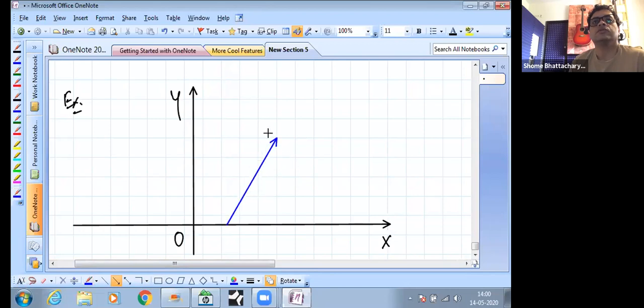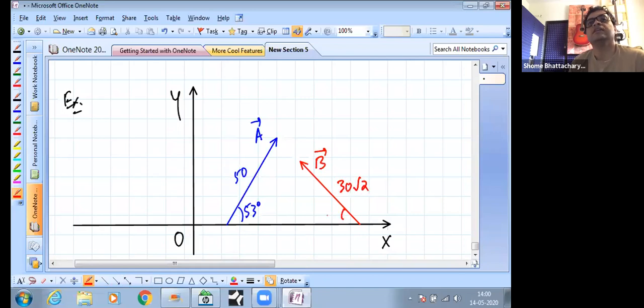This is the vector E, suppose. It's at an angle of 53 degrees like this, and its magnitude is, let us say, 50. Then we have another vector B, which is something like this. And B is the same one as we had drawn in the last one. It's 30 root 2, where this angle is 45 degrees.